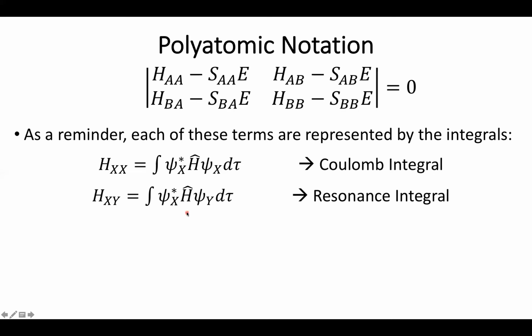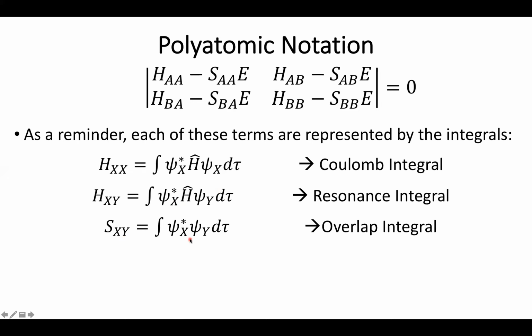So again, in the diatomic form, this is equivalent to our beta term, which becomes very important as we're trying to solve energies of systems. And then we have our good friend, the overlap integral. So this is literally just how much the wave functions in x and y overlap.